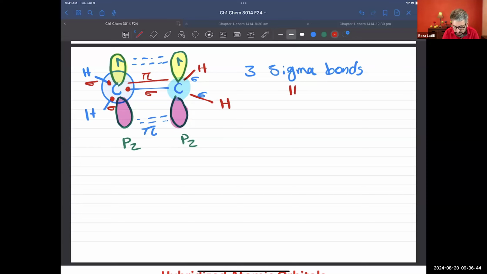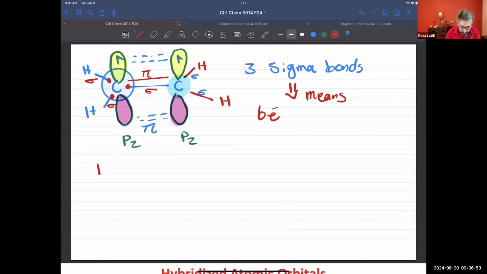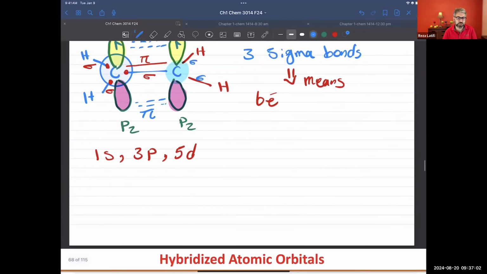3 sigma bonds means 6 electrons. I need to accommodate 6 electrons. So I'm going to write this for myself. I have 1 from s, I have 3 from p, and 5 from d. How many orbitals do I need to accommodate 6 electrons? I need 3 orbitals. How do I know it? Because I made 3 sigma bonds. Now from s, I'm going to use 1, because max, I have only 1.